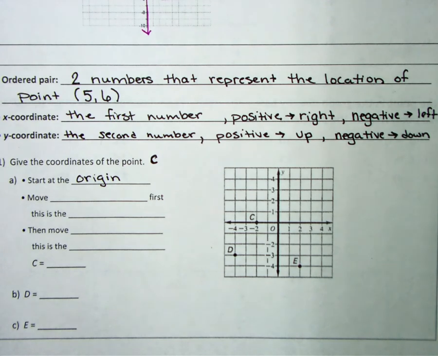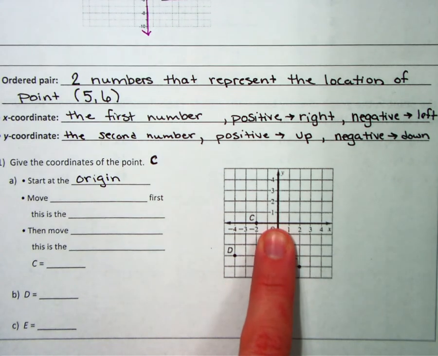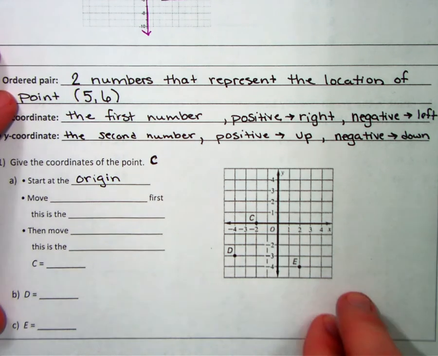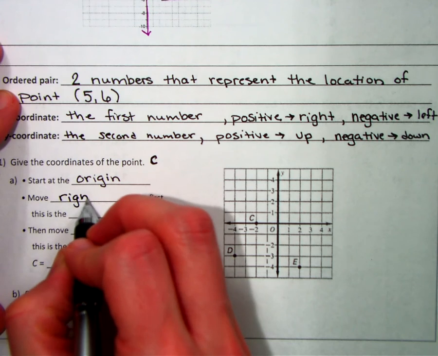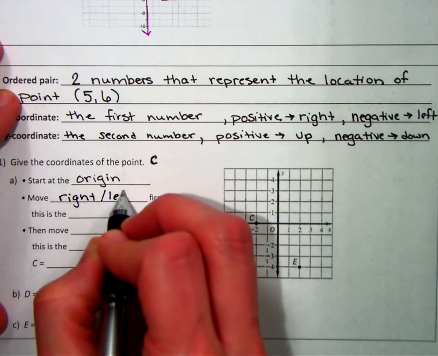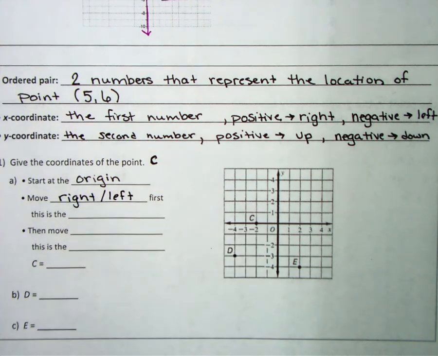That's C, right? So you start at 0, 0, and I say, okay, where should I go? The first thing you have to tell me is which way I should go or how far I should go, right, left. Should I go right or should I go left?